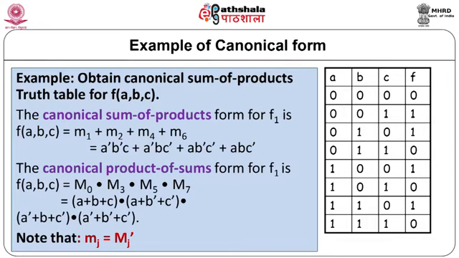So, the function f is given as the product of 4 max terms M0, M3, M5 and M7. If we represent them using the sum terms, definitely we can write an expression in canonical product of sum form as shown here.